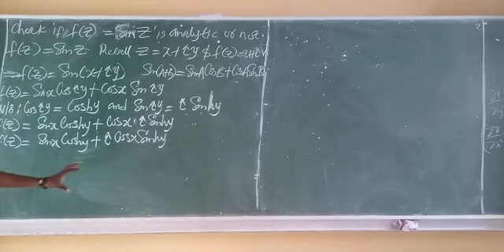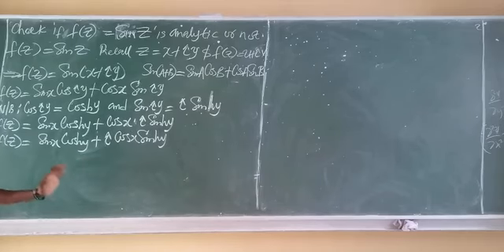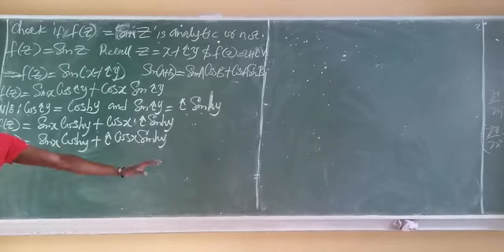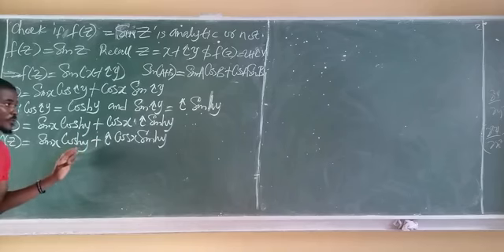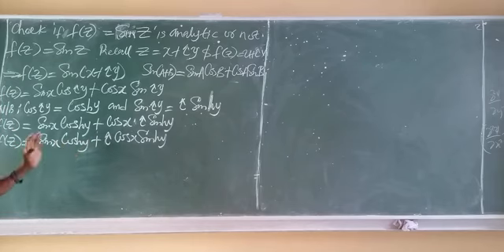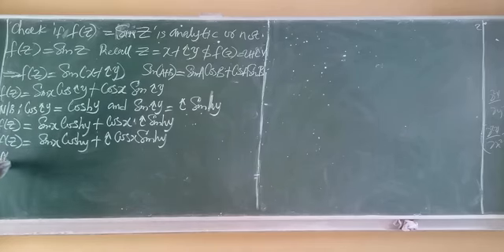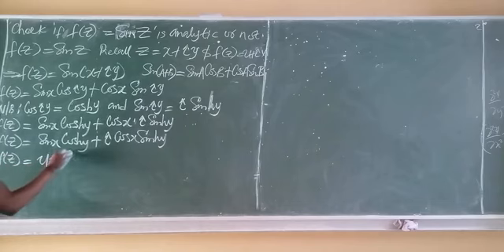So having this now, it means that I've been able to write these two equations into real part and imaginary part. The side that carries the i, the imaginary number, becomes the imaginary part, whereas the side without an imaginary number becomes the real part. I said earlier that f of z should always be taken as u plus iv.